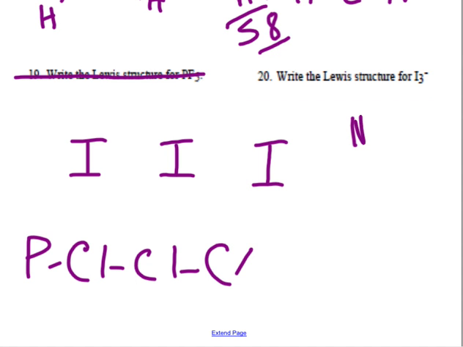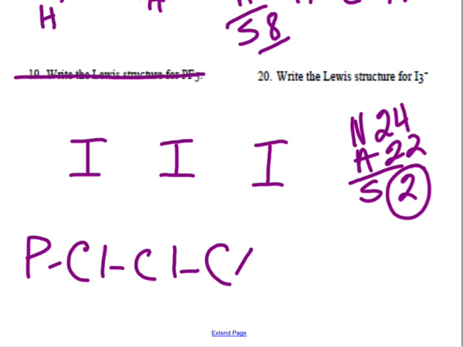So this is an exception, but again, in case you don't recognize that being the case, let's go ahead and do needed, available, shared. 8 times 3 is 24. How many do you actually have? 21, but it's negatively charged, so we have that extra 1. Sharing 22. Can I really bond these things with one bond? 2 electrons? No.